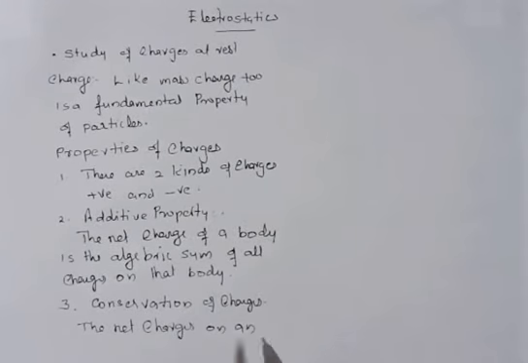This conservative nature of charge will help us to interpret many of the interactions, particularly in nuclear and atomic physics. So that is the third property, conservation of the charges.